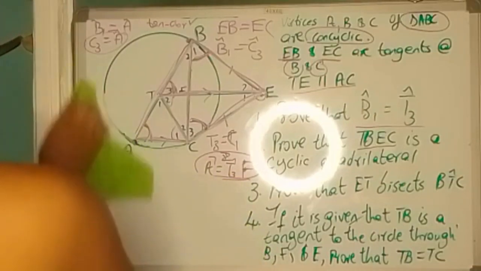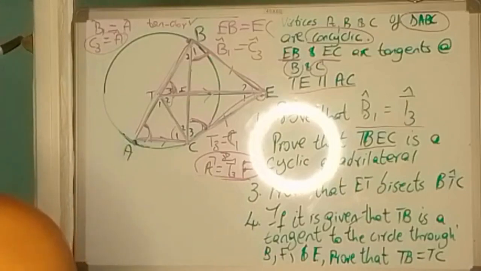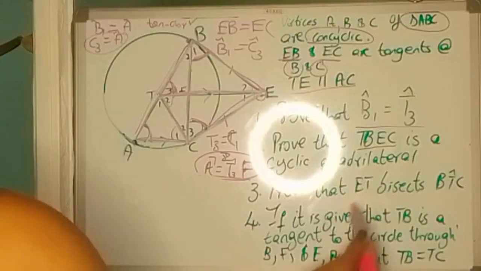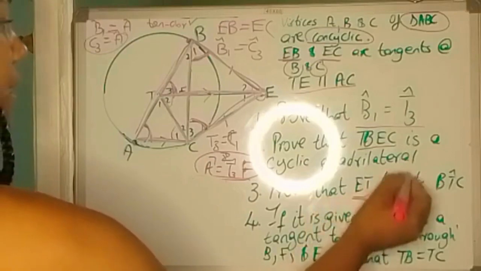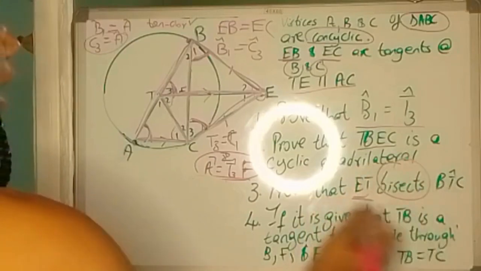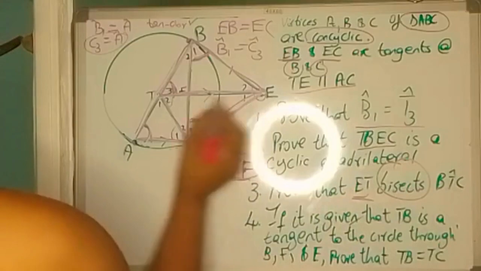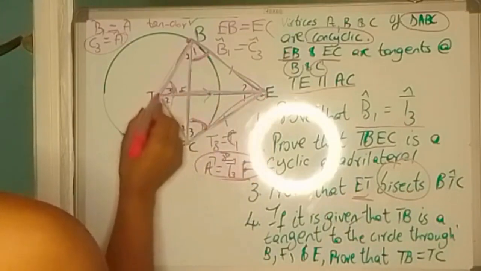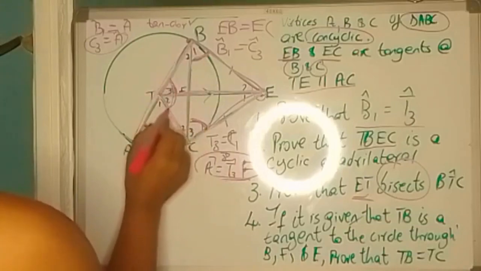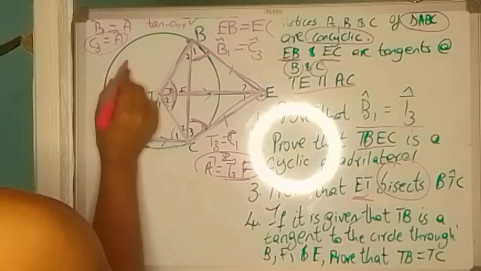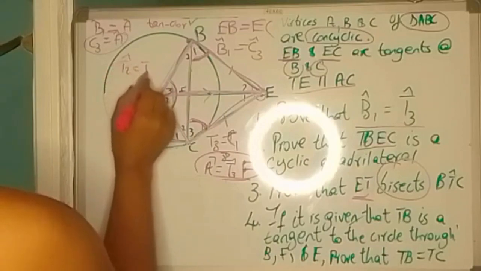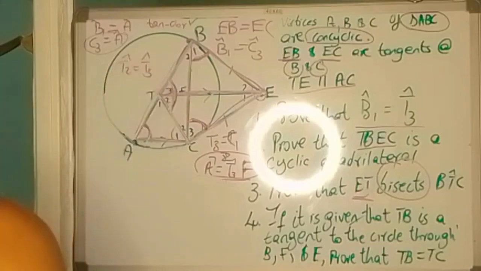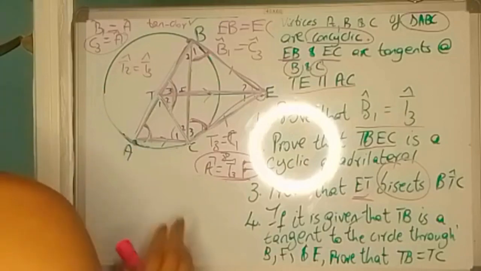Next, we are asked to prove that ET bisects. Remember, bisect means dividing into two equal parts. We have to prove that ET bisects angle BTC. It's bisecting here. So what we are required to prove is that T2 is equal to T3, because bisect means two equal parts.